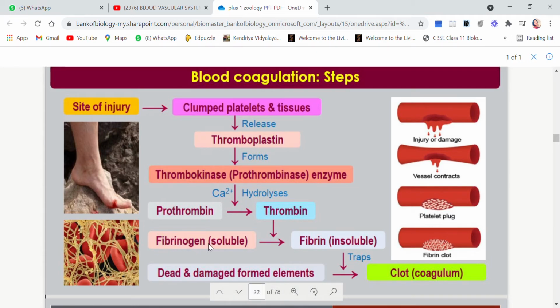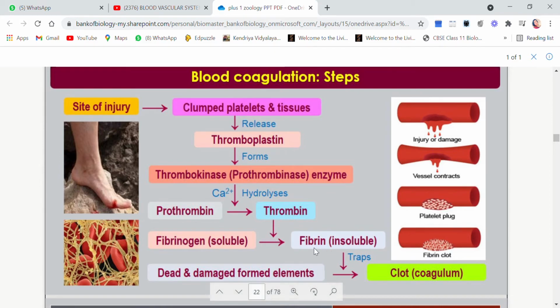Now fibrinogen is also present in the blood, but in the soluble form, that is in the inactive form. So when fibrinogen comes in contact with thrombin, it gets activated and forms fibrins or fibers which are insoluble. You see this? Fibers which are insoluble.